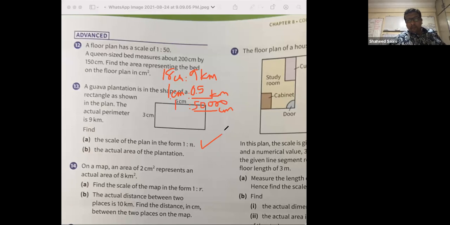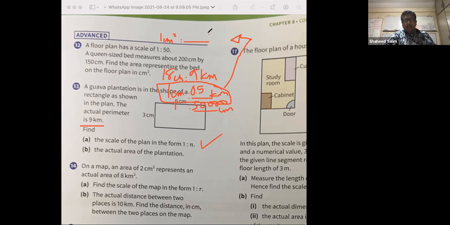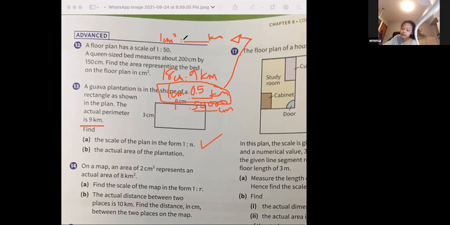Are we okay? So notice they don't give it to you directly this time. You have to calculate the perimeter and then compare with the actual perimeter. But now from here, you have to come up with the scale for the area. What's the scale for the area? 1 square cm is to how many square km? 0.25.